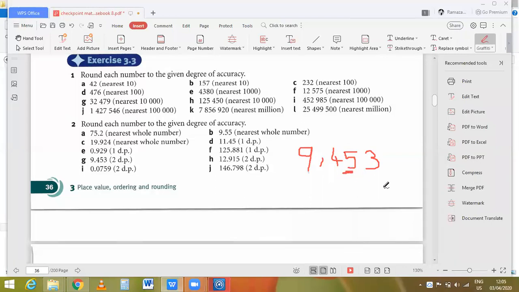No, the 5 is not our decider. This is the decider. It's going to tell us to go up or down. Since it's less than 5, you are going to write the same number, 9.45. As you can see, I wrote 2 digits. It's asking for 2 digits. This is 9, by the way. Don't confuse.